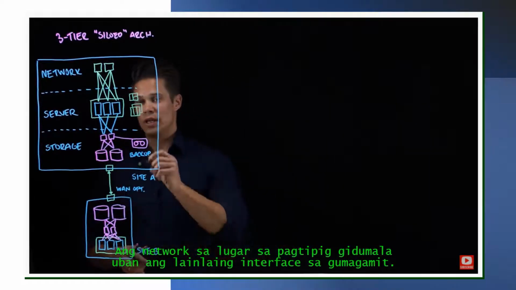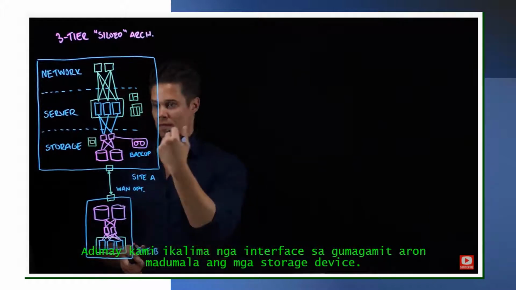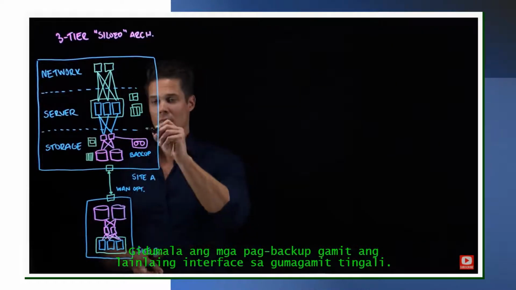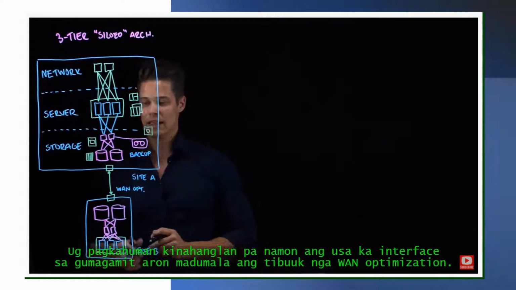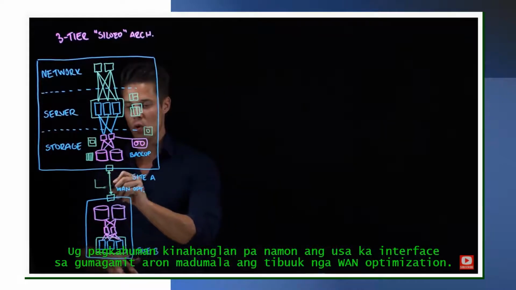The storage area network is managed with a different user interface. We have a fifth user interface to manage storage devices. Backups are managed with a different user interface, most probably. And then we still need one user interface to manage the whole WAN optimization.